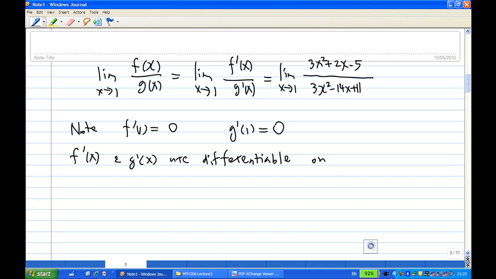We also know that f double prime of x is equal to 6x plus 2, and g double prime of x is equal to 6x minus 14.